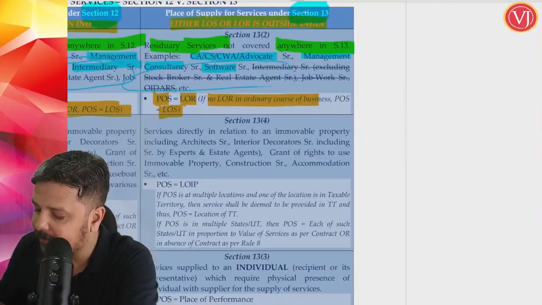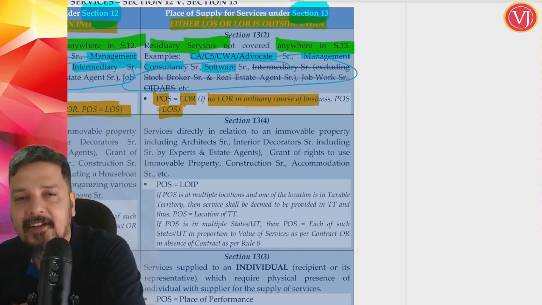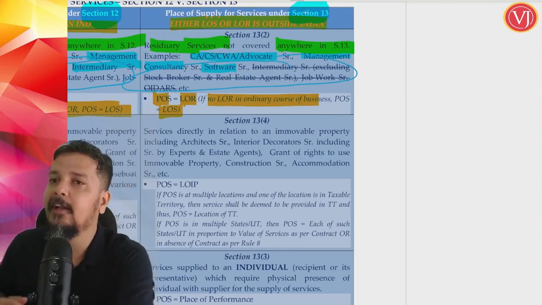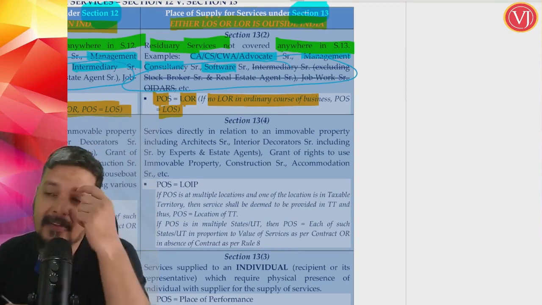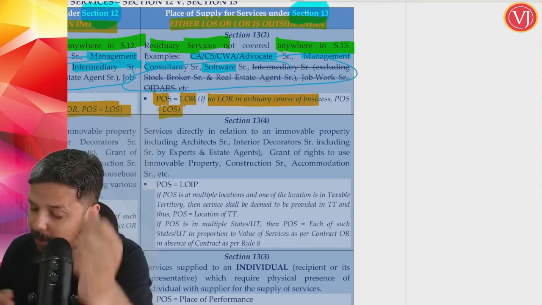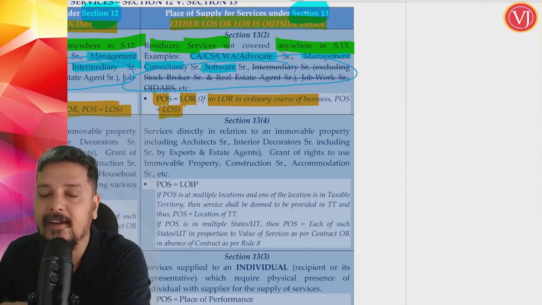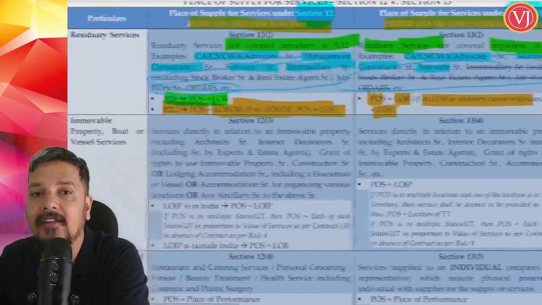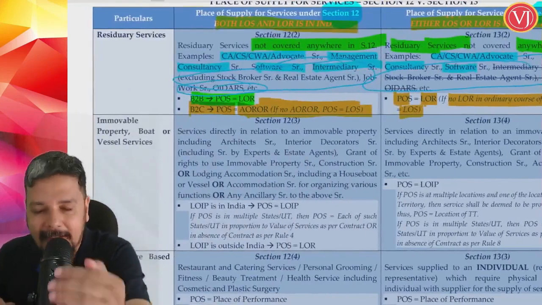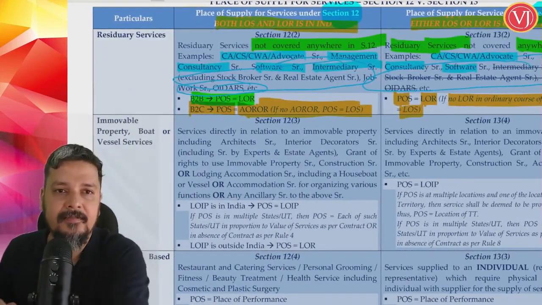Here, it will not cover these services because in section 13, specifically for intermediary services, real estate agent services or OIDR services, there is a separate formula which was not there in section 12. When giving the examples, I am trying to differentiate.